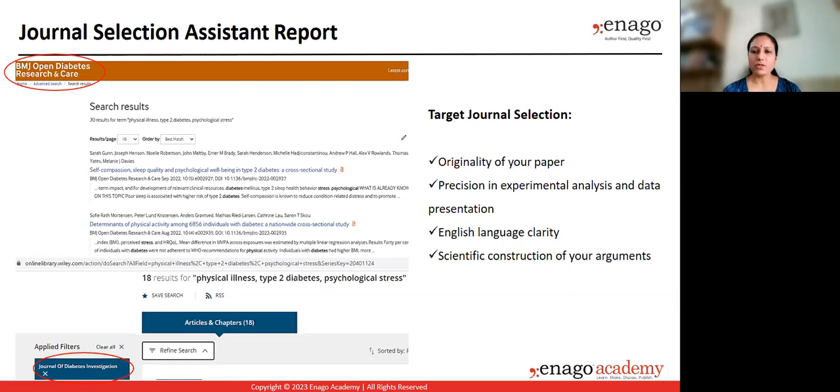Please also look into the English language clarity, because this is how you will be able to understand from these published papers the scientific language that has been presented. And this is how the journal readers would find it comfortable as well to read your paper and understand it better. The scientific construction of your scientific arguments in the paper are also essential for you to take care.